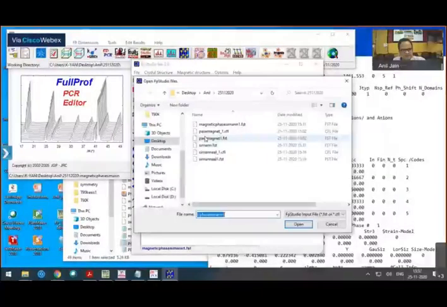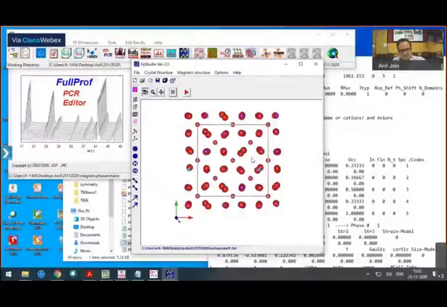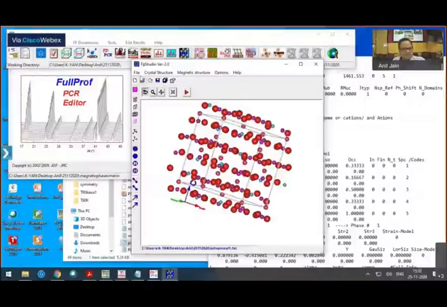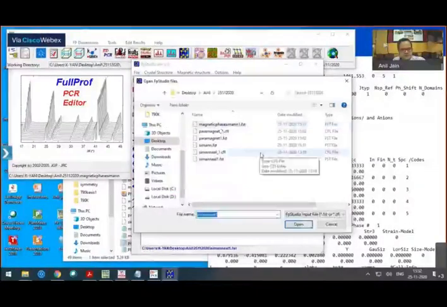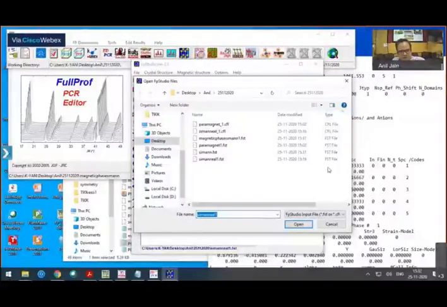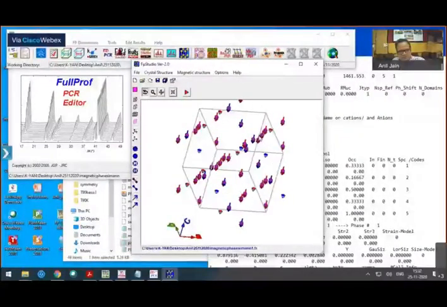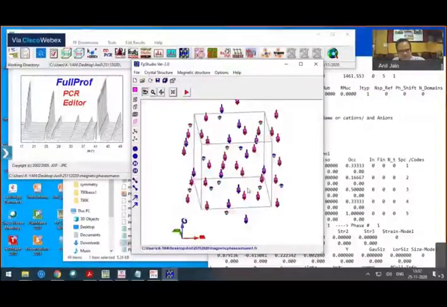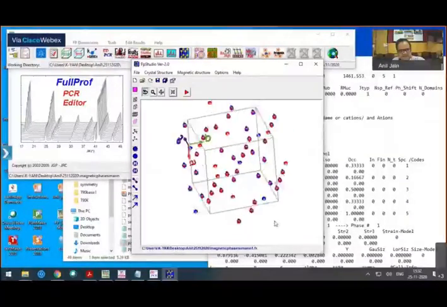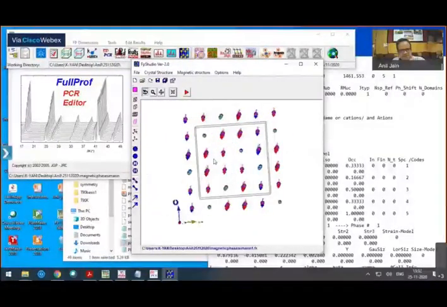File open. So we have only two studio files, magnetic phase. Not sure. So you can see some information about these moments. I think I have put some slightly wrong constraints.